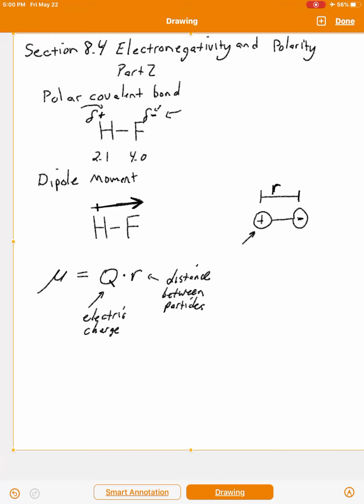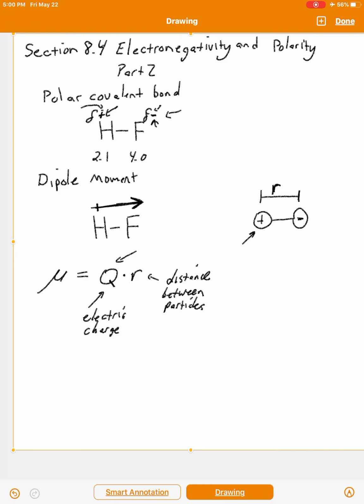Now, the assumption here is that the amount of negative charge we have over here is equal to the amount of positive charge that we have over there. They cancel each other. So the charge that we would use for Q could be either one because they're equal to each other. Okay? So the amount of electric charge times the distance.